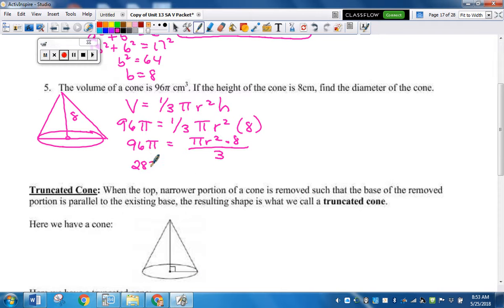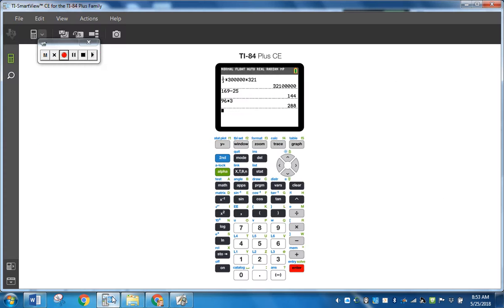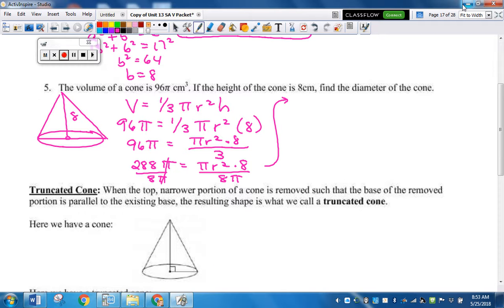So 288 pi is equal to pi r squared times 8. Divide by 8 pi on both sides. Pi's are going to cancel. So I got 288 divided by 8, 36.